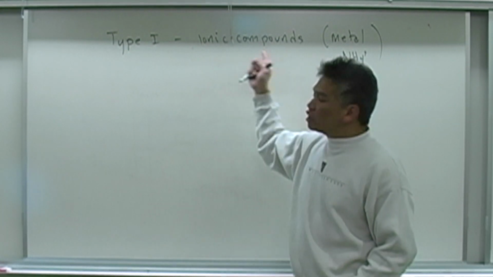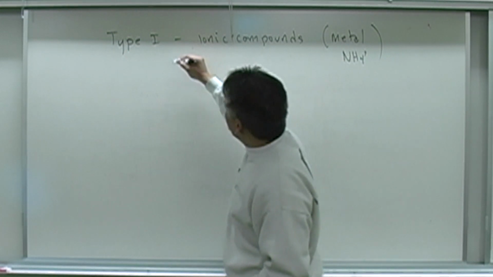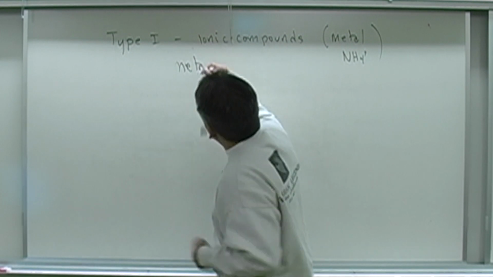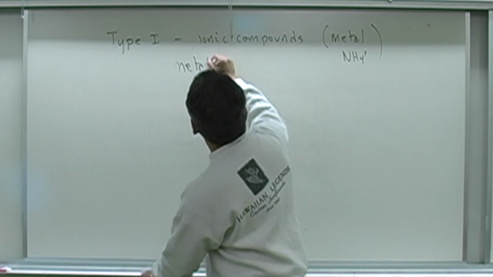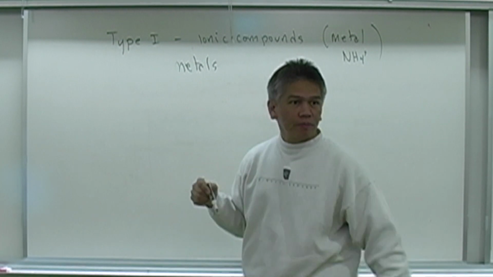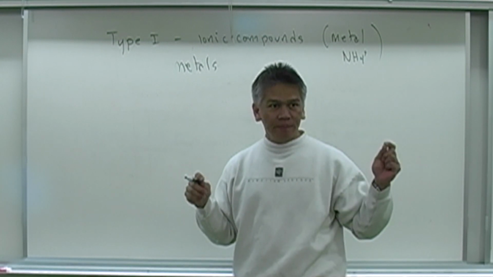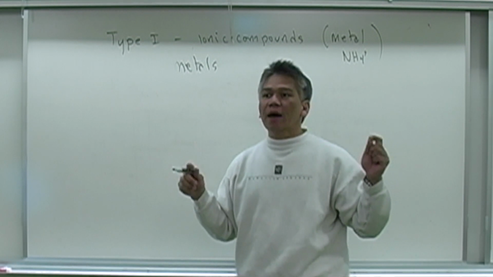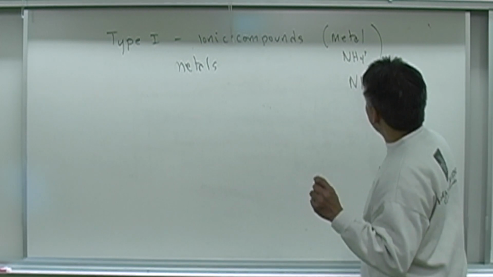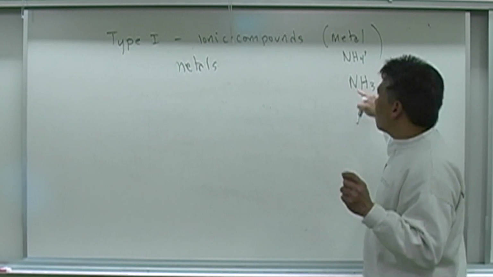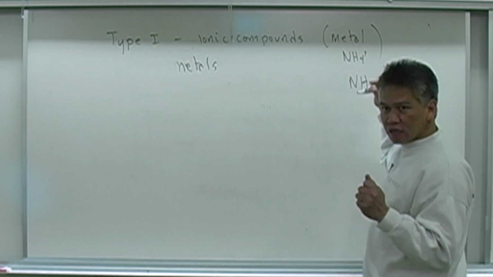So type 1s are ionic compounds, and their metals. What's NH4 plus? Ammonium. It's one of those polyatomic ions, except it's a cation. Ammonia is NH3. Ammonium is NH4 plus.